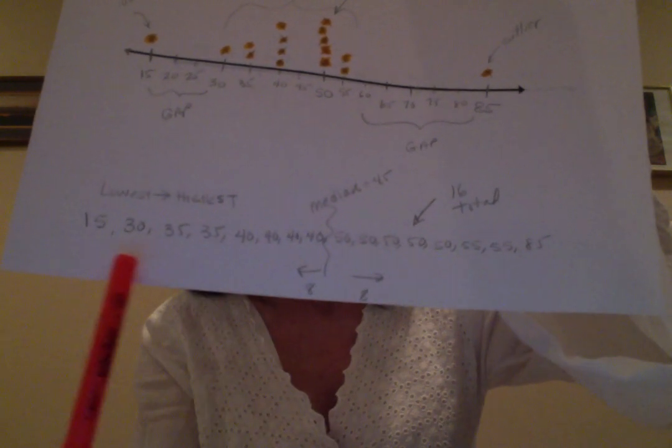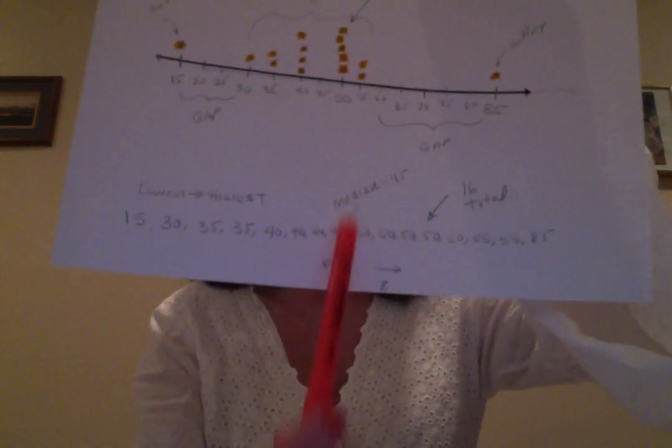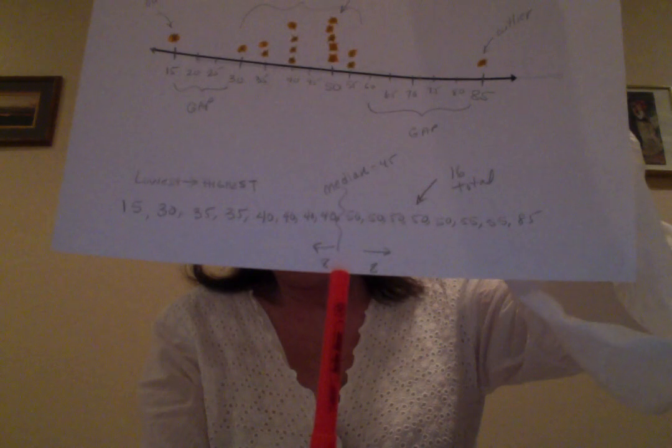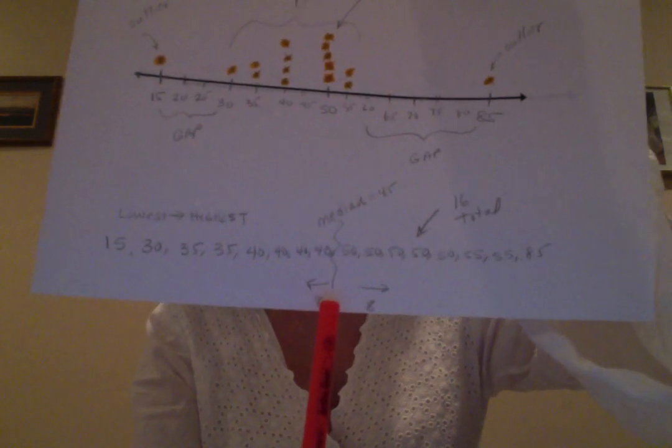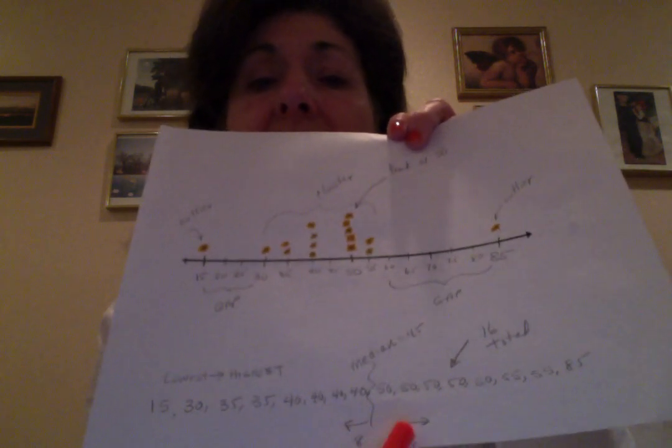Remember, we had 16 dogs. Okay, well, what's half of 16? 8. So we're going to count 8 and put a dividing line right there. Okay, now what do we find when we put that dividing line? Well, to the left of it we find the number 40, and to the right we find the number 50. If we take the middle, the average of 40 and 50, right halfway between them is 45 again.